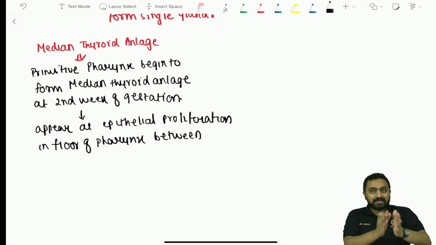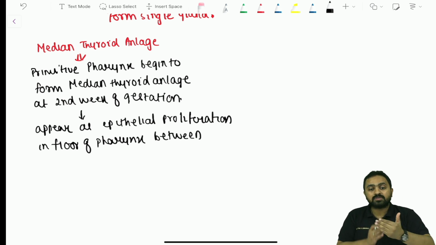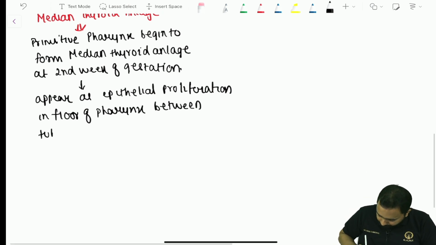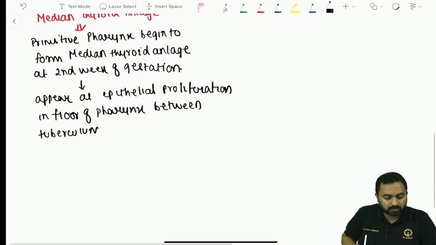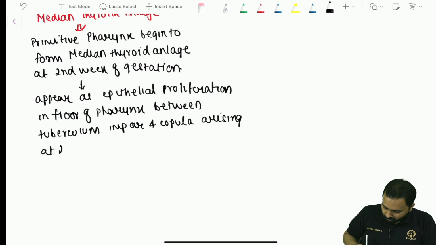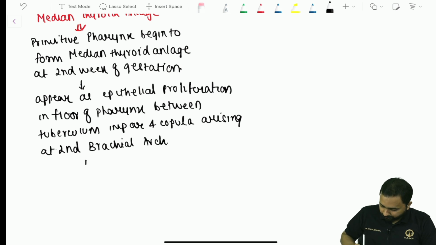So this median thyroid anlage forms at the second week of gestation from the primitive pharynx. Now they appear as your epithelial proliferation in the floor of pharynx between your tuberculum impar and copula, which arises at your second branchial arch.